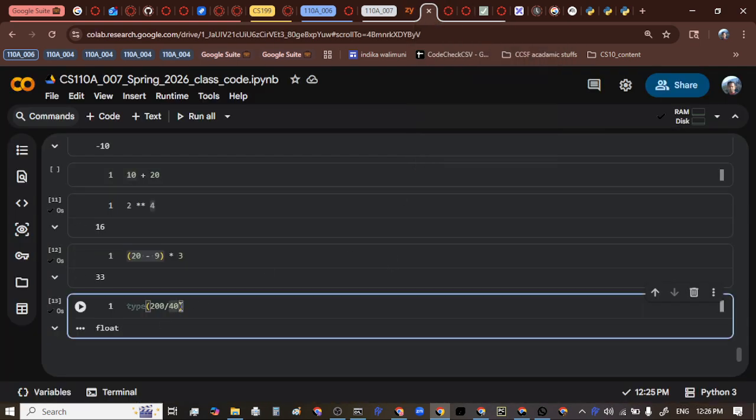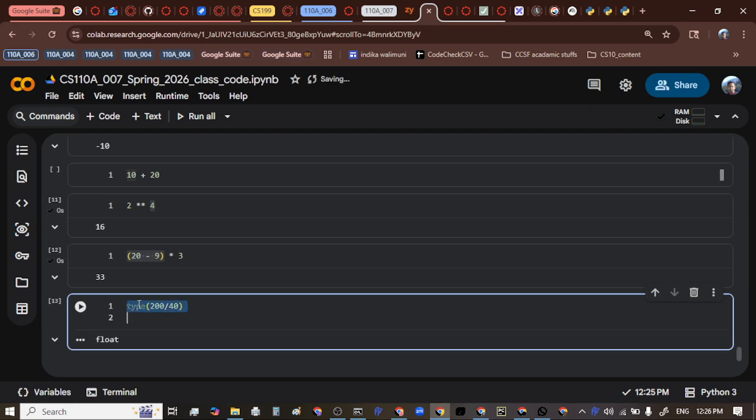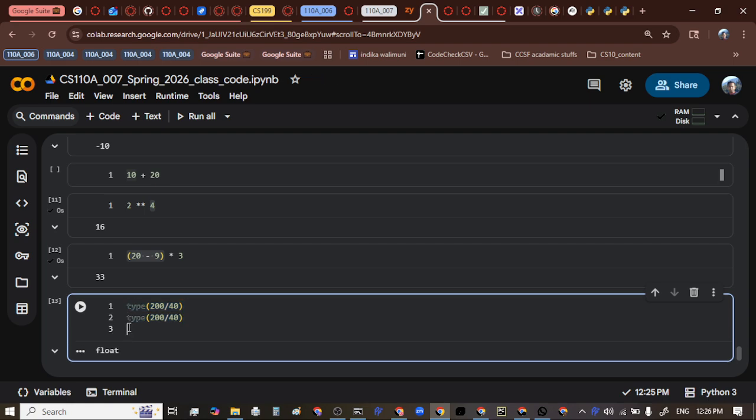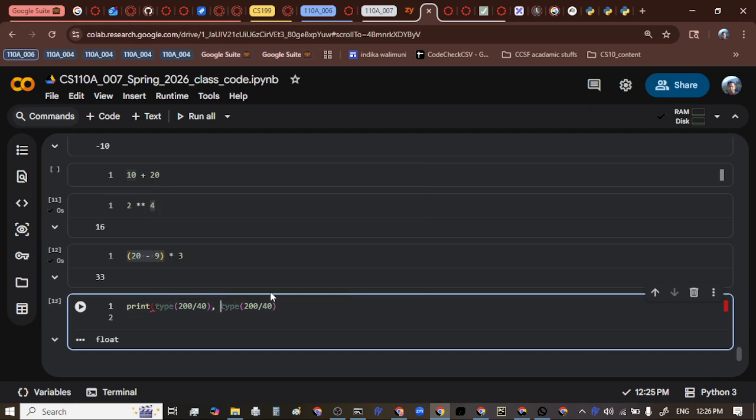I'm going to print both types, and then integer division.